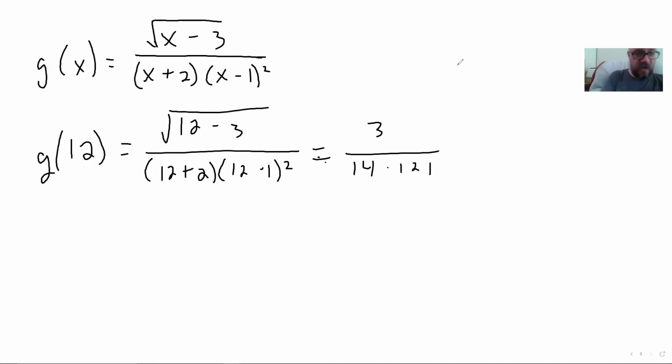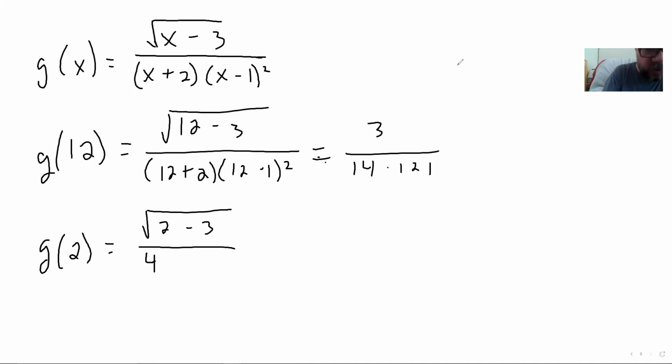So for instance, let's say I tried to find g of 2. Then we'll talk about problems here. I get the square root of 2 minus 3 over 4 times 1 squared, and that will give me the square root of negative 1 over 4. Well, you may or may not be aware, but you can't take the square root of a negative number, or you can't do it without using complex numbers, which we're not going to do right now.